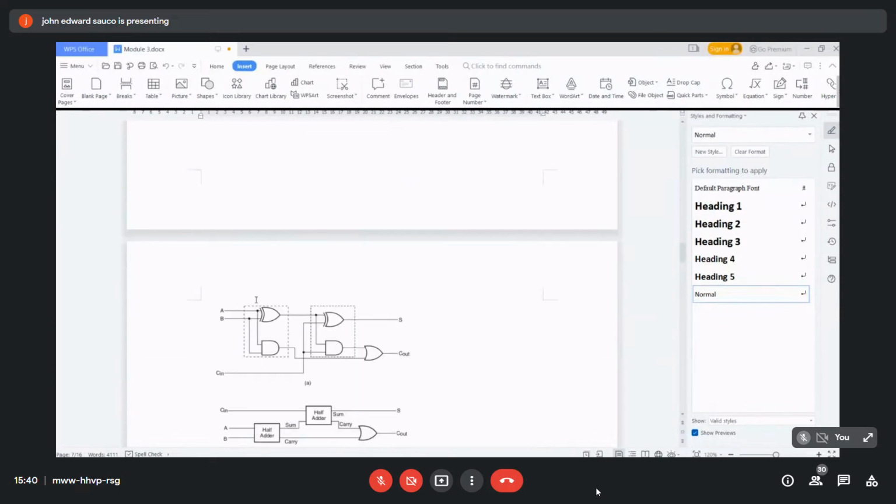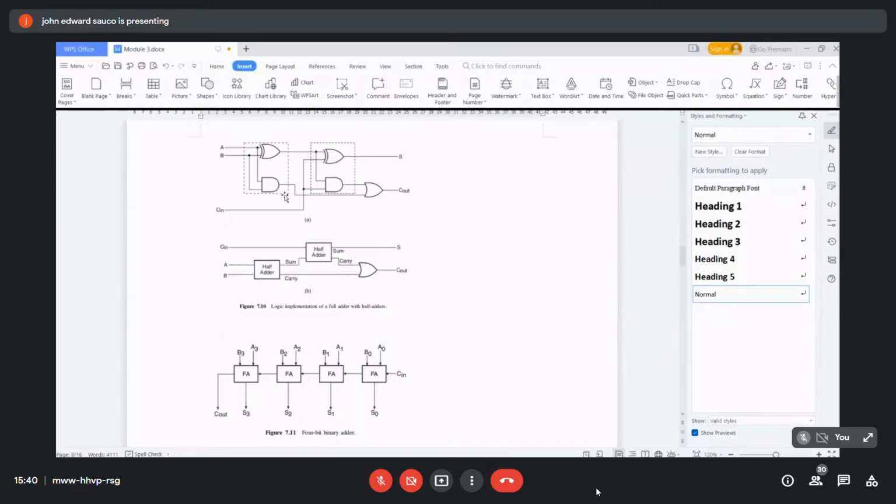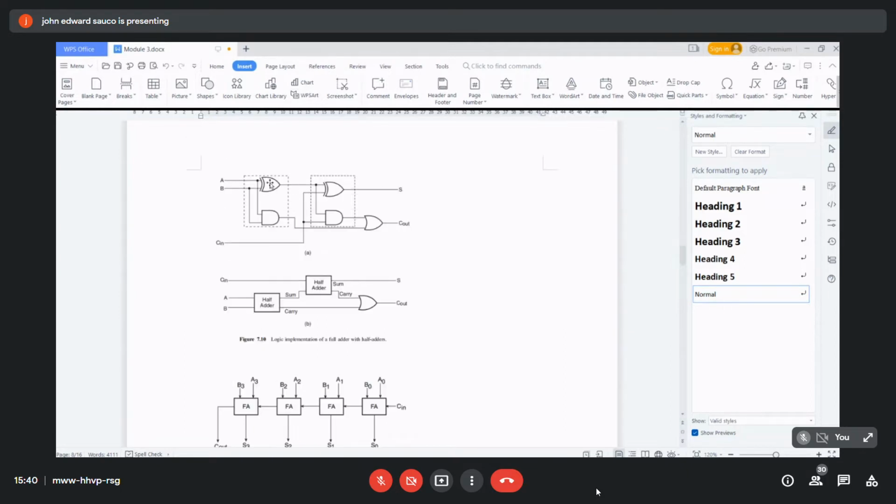Yan. Pero ito yung sinasabi na may kinalaman yung half adder sa full adder. Tingnan nyo to. So, kung itong may square na to is yan yung itsura ng half adder na sinasabi doon na lalagyan mo lang ng OR gate. So, half adder and half adder plus OR gate is full adder.